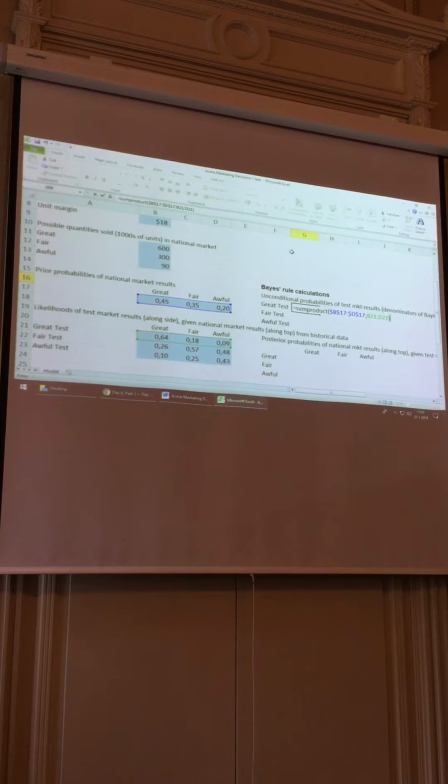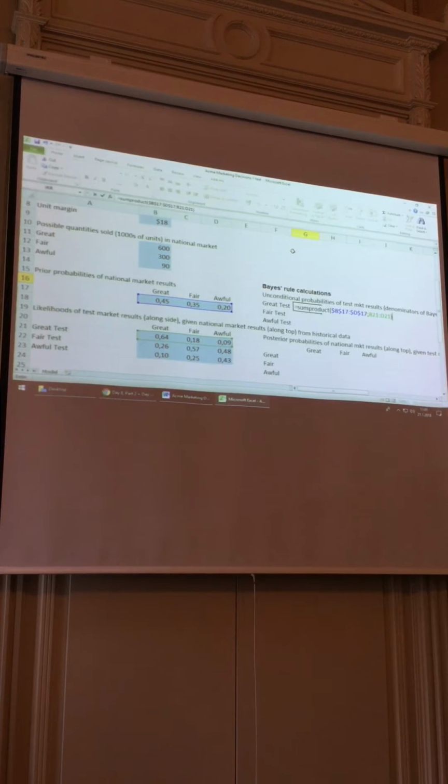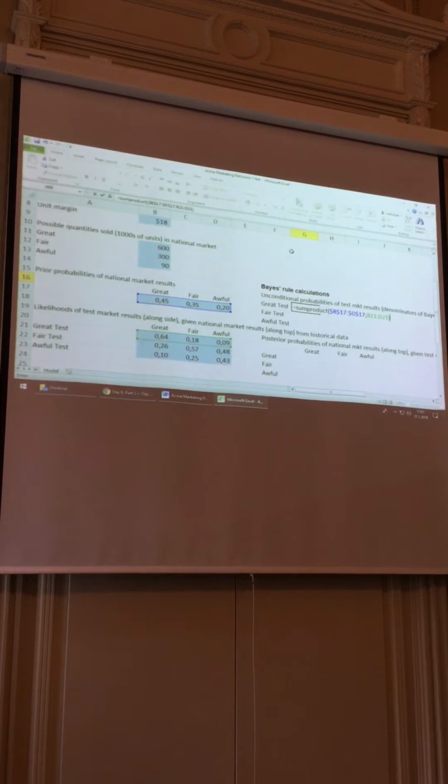Now, I didn't talk about it, but this unconditional probability of a great test, this value is going to go right on this spot right here. Because a priori, we didn't know how often we got a great test.